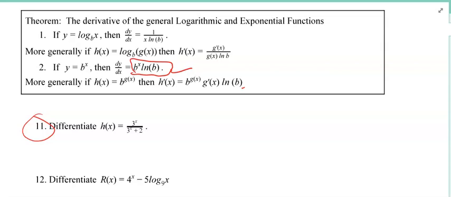More generally, if h of x is equal to log base b of g of x, then h prime of x will be equal to g prime of x over g of x ln of b. And so this is like a chain rule idea right here, where because we have a function instead of just x, we also have to take the derivative of the function.